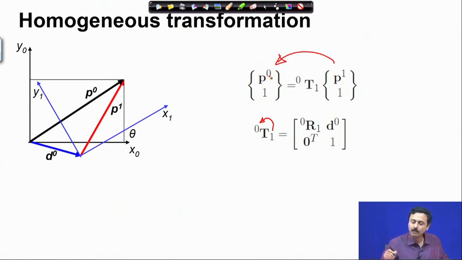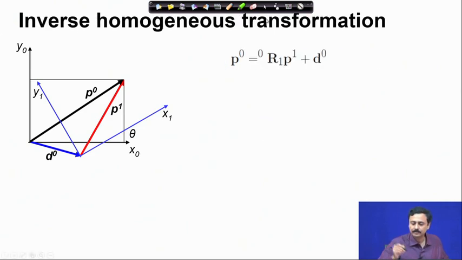Now, what if I want to go from frame 0 to frame 1? So, we will start off with the same relation as we had. This is the forward relation, takes us from 1 to 0. I want to go from 0 to 1.